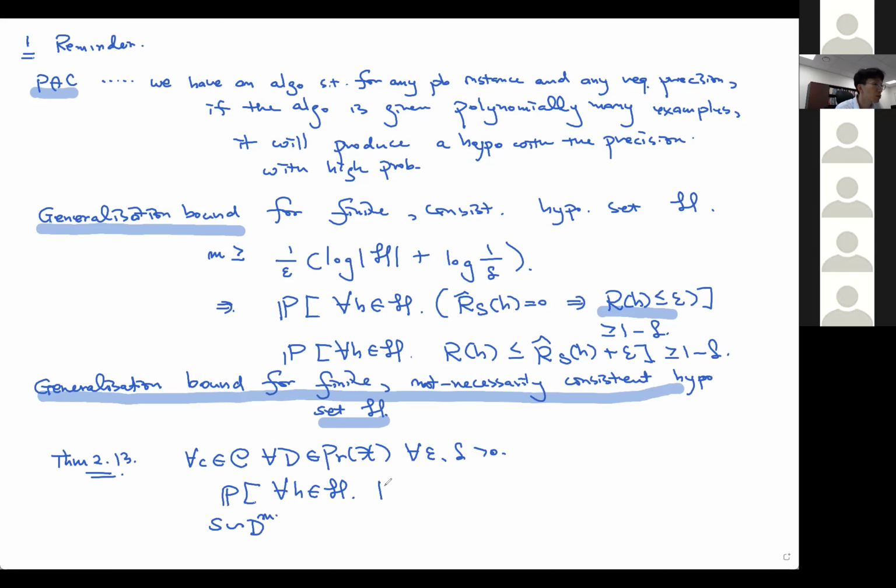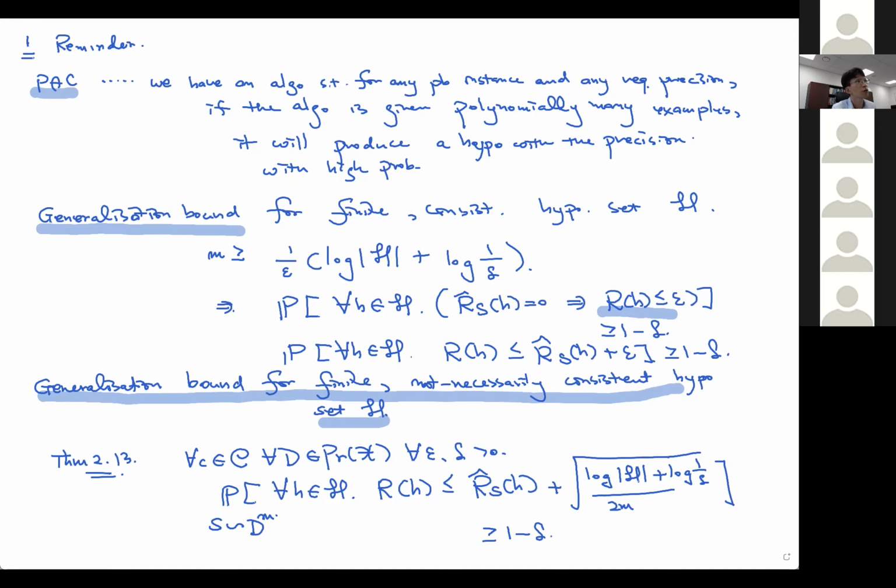Then the probability that for every H, the real generalization error R(H) is bounded by the empirical error plus some extra quantity, which in this case is the square root of (log of |H| plus log of 1 over delta) over 2m. The probability that this generalization error will be bounded by this empirical error with this extra quantity is going to be quite high: 1 minus delta.